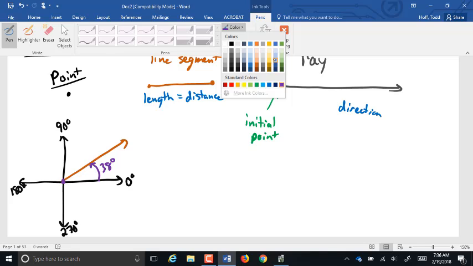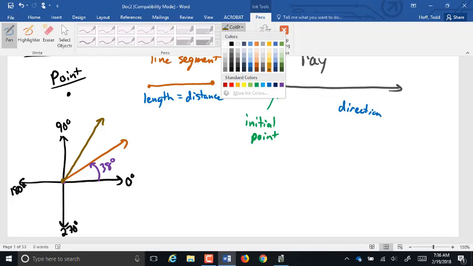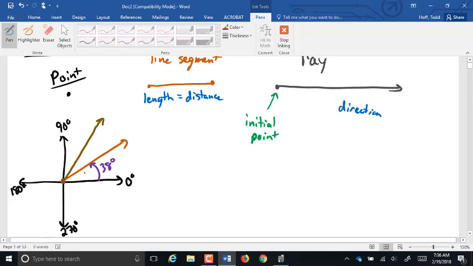Well, because what we're going to be looking at here today and the next couple of days is, let's say we go back to that same starting point and we create another ray in a slightly different direction. That ray also has a direction. Let's say that direction is 71 degrees.